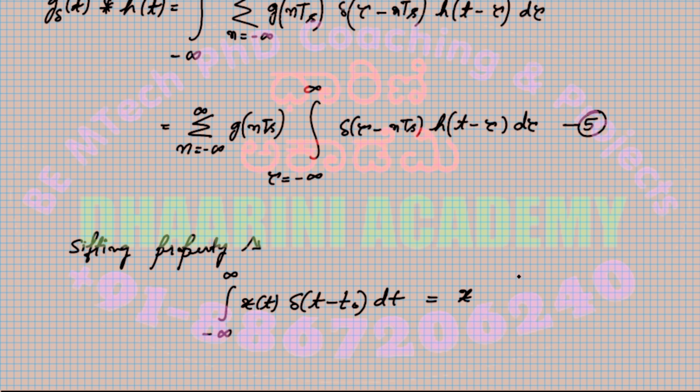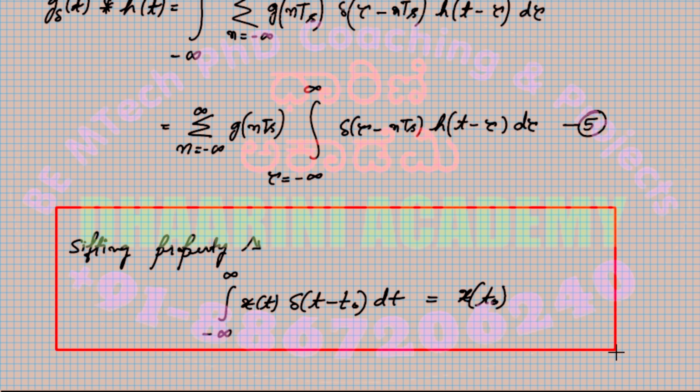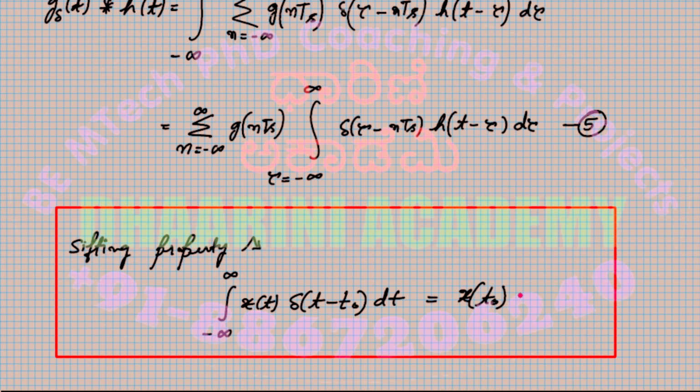So there is no meaning in doing the integration. This is simply x of t naught. I think we have used this a couple of times earlier. So this is the property we are going to use. I'll call this equation number 6. So I'm using 6 in 5.